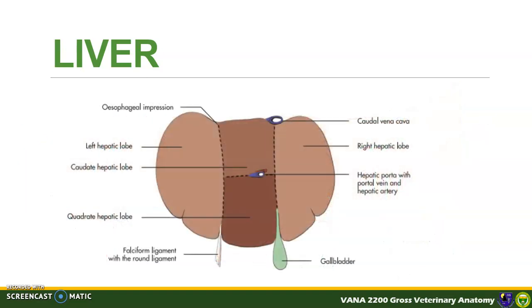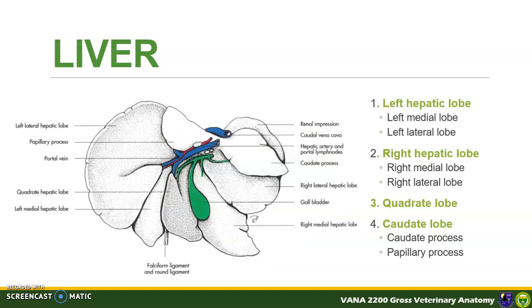Generally, the liver is grossly divided into 4 major lobes. That includes the left hepatic lobe, the right hepatic lobe, the caudate hepatic lobe, and the quadrate hepatic lobe. The left and right hepatic lobes are further subdivided into sublobes called lateral and medial hepatic lobes.